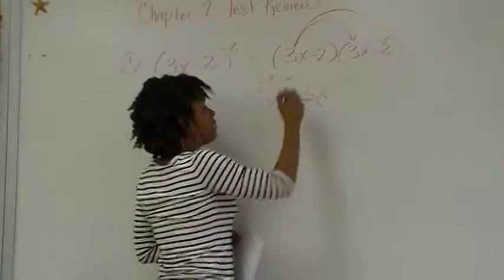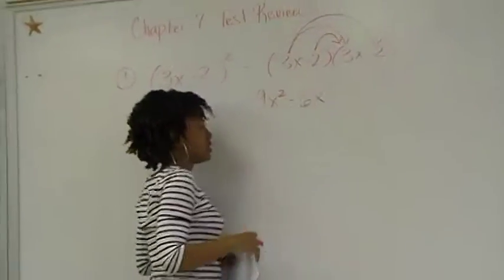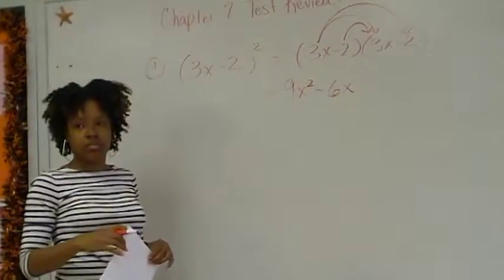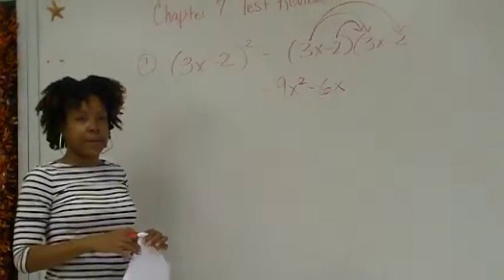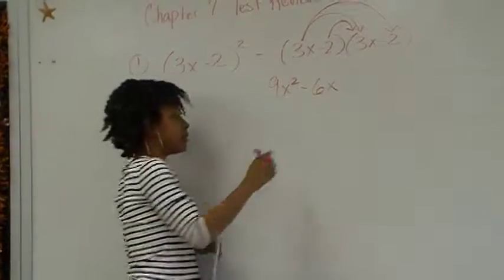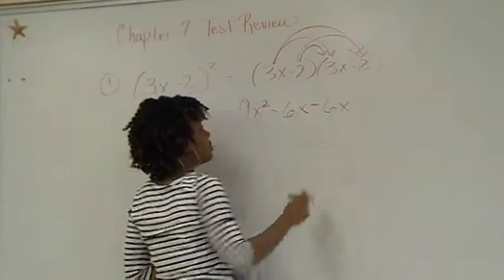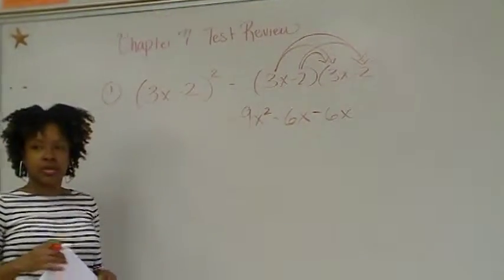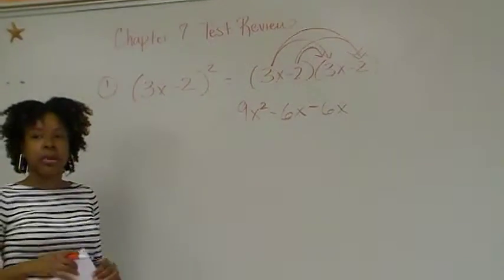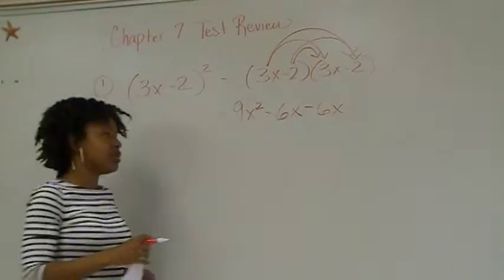Okay, next you have minus 2 times 3x. What's that? Minus 6x again. And then last you have minus 2 times minus 2. Positive or negative? Positive. Good. Positive 4.